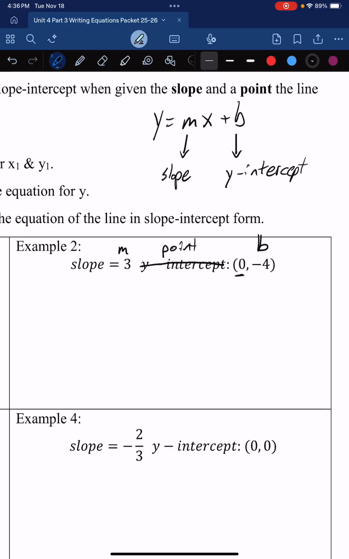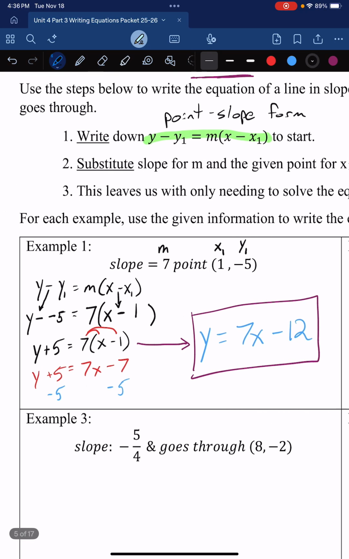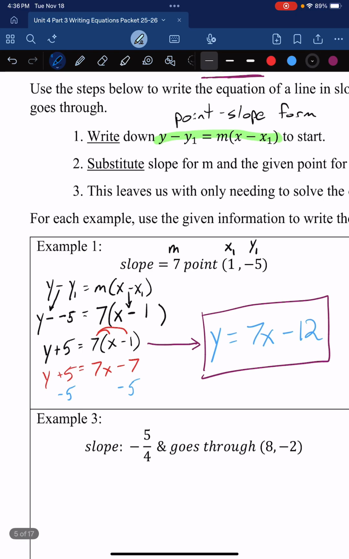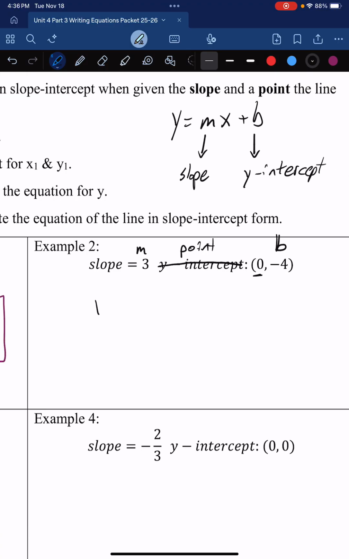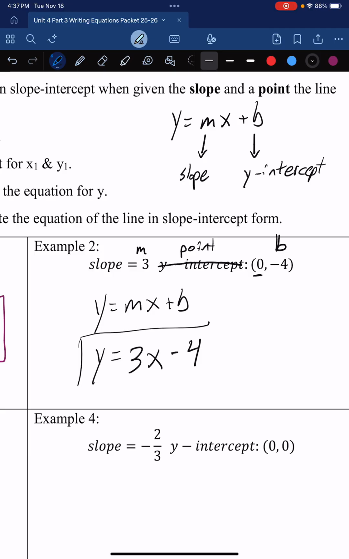And so I don't need to solve or plug in using my point slope and then have to rearrange the problem like I did in example 1. I could jump straight to starting with my slope intercept form, plug in my slope for m, and then my y-intercept here is negative 4, 0 comma negative 4, so that's going to be a minus 4 for this line, and this would be my answer.